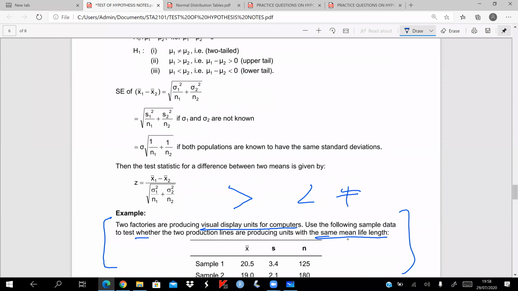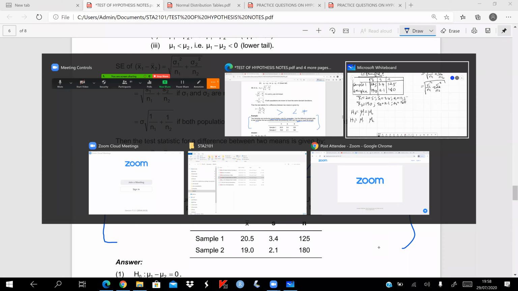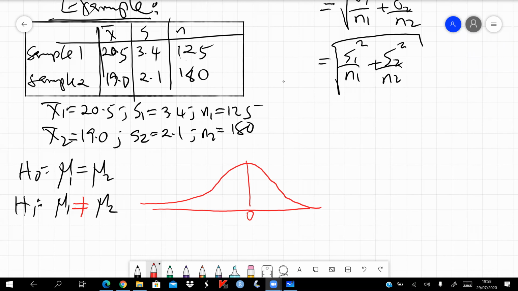There is nothing to suggest that we are testing for greater than or less than. So we test for difference, and we put here not equal to. It's always important that you get that bit correctly because it guides the next step. This is calling for a two-tailed test.